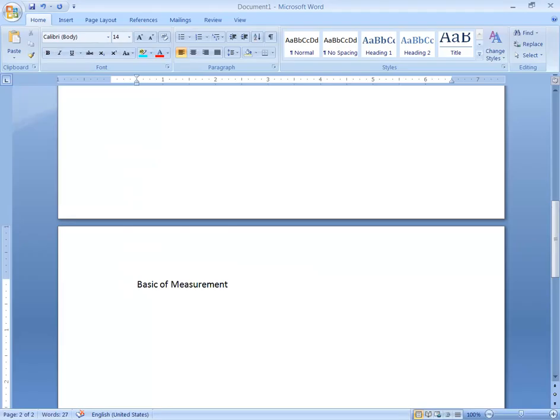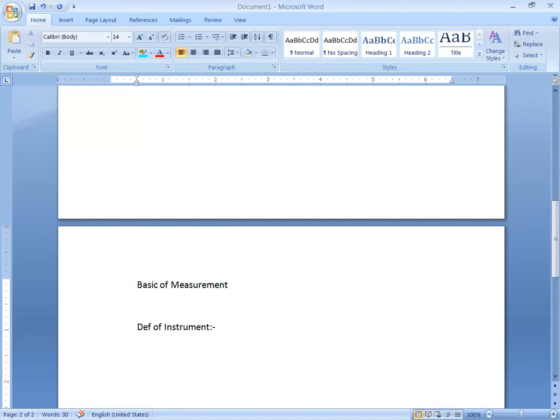First we have to know the definition of instrument. What is the definition of the instrument? An instrument is a device in which we can determine the magnitude or value of the quantity to be measured.